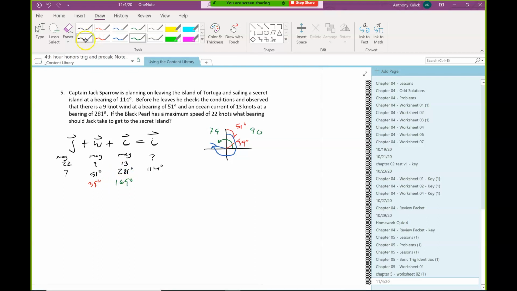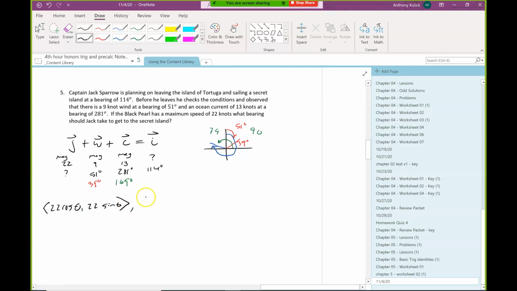Okay. And now I'm going to set up the component forms here. So I'm going to have 22 cosine theta, comma 22 sine theta. And I'm going to have 9 cosine 39. Actually, let's do it this way. This will be easier.